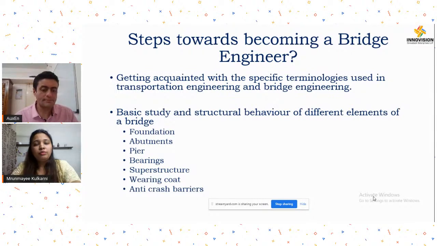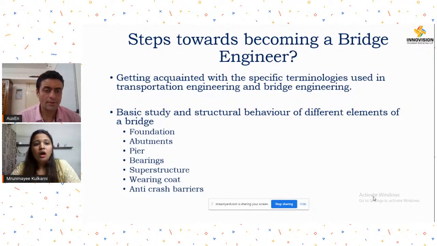Before entering the field, you must do some background studying, so that it becomes easier for any fresher or practicing engineer to get into the field and to get the knowledge of what is going around you. So getting acquainted with the specific terminologies used in this particular field would be your step 1.